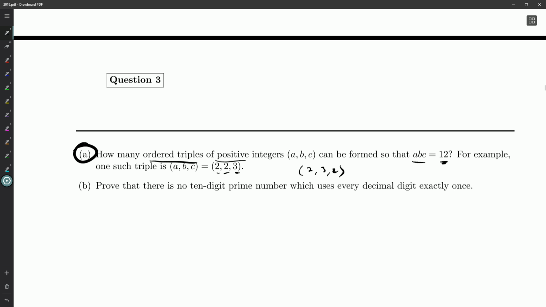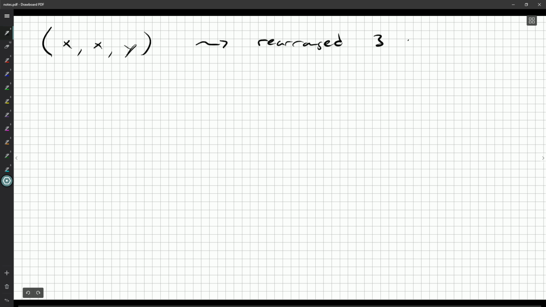Okay? Now this is kind of interesting, because with a triple, and they give us a good example, if you've got two numbers the same, and then a third number that's different, that can be rearranged 3 ways. So it could be x, x, y, or it could be x, y, x, or it could be y, x, x.